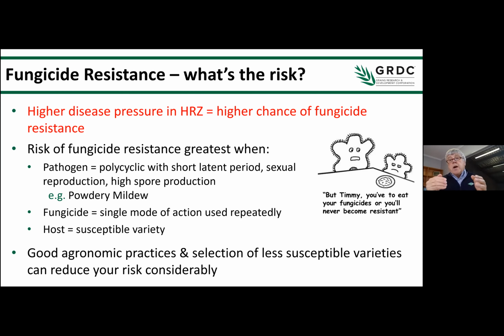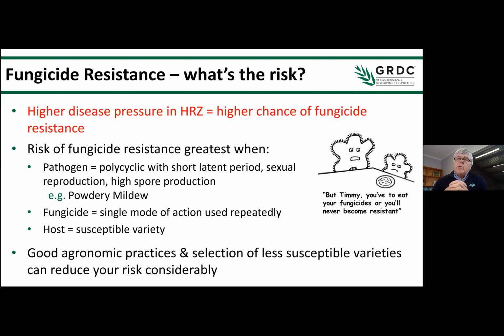We also know, because of the experience with probably the most significant of our early diseases to acquire resistance, which was barley powdery mildew in WA, that they tended to be associated with pathogens that produce high spore loads. We've a reference there on the slide, you can see, to short latent periods.